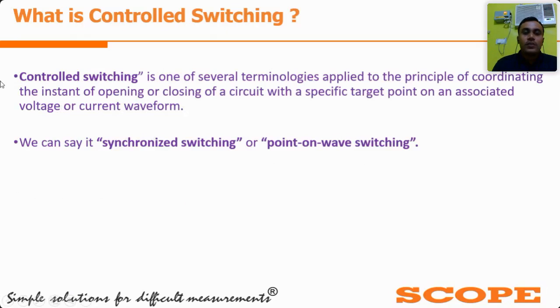So due to that, this terminology we also call point on wave switching or synchronized switching. So why synchronized? We synchronize the command which the CSD relay gets after TNC or BCU. It takes some delay and synchronizes that command with the voltage reference, which it gets from the bus voltage.